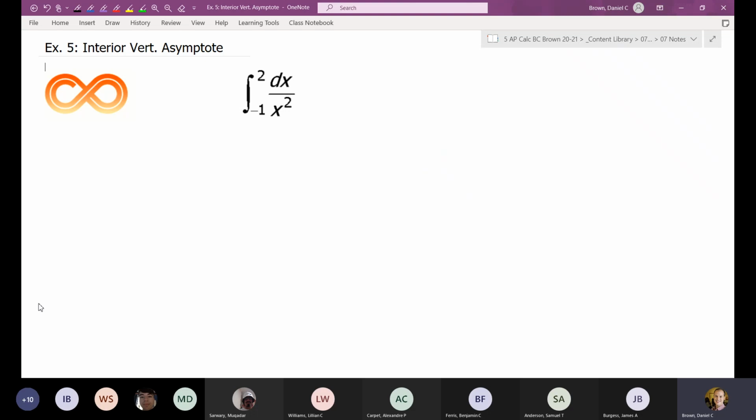Because if you're not careful, even for a lot of teachers, if I show them this question, they would just jump right in and be like, all right, I'm going to go ahead and rewrite this problem. That's going to be x to the negative 2 dx, pretty easy antiderivative, add 1, divide by the new exponent, plug in the top and the bottom, and then answer it from there.